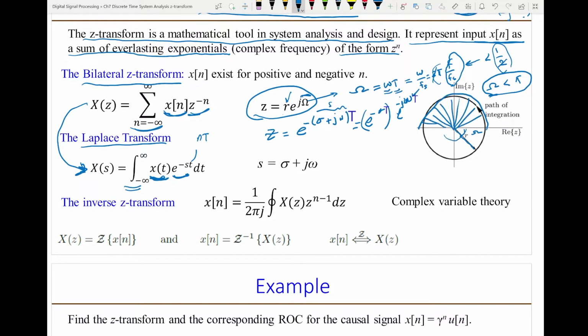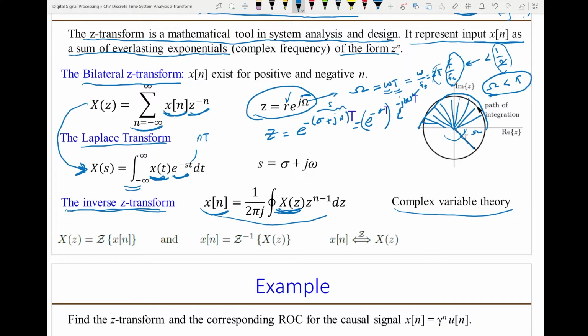Now, to do the inverse Z transform, so now I have the signal in the Z domain and I need to get x of n. So I carry out this integral, which we will not do in an undergraduate course because it involves complex variable theory, which we usually learn in graduate study. But how do we find the inverse Z transform?